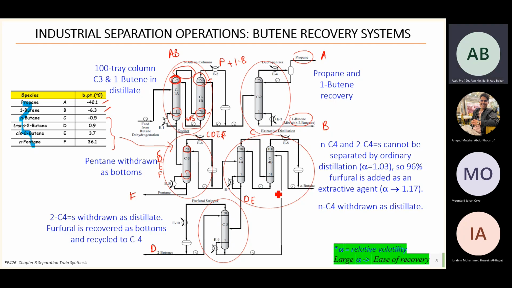Going into the final column at the bottom there, because the 2-butenes are D and E, right?